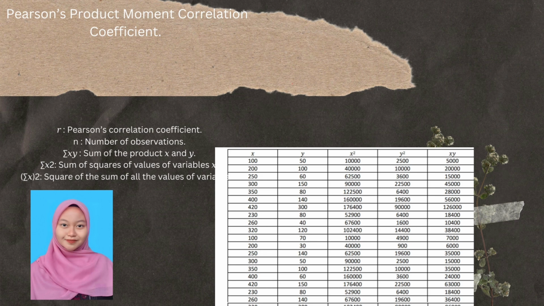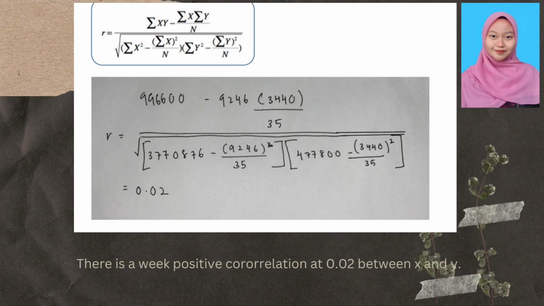Then we find xy. We multiply the x and y and get the xy. Next, we total all of the numbers by column to get the answer for the next step. This is the formula to get the answer, and we get r equals 0.02. That is a weak positive correlation at 0.02 between x and y.